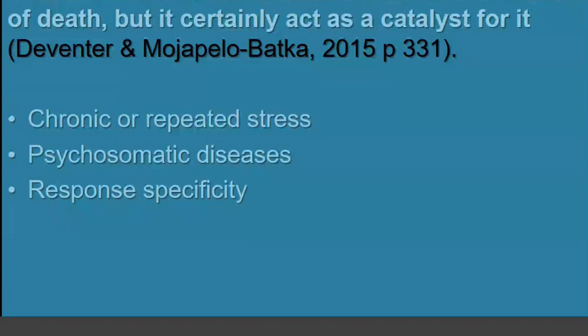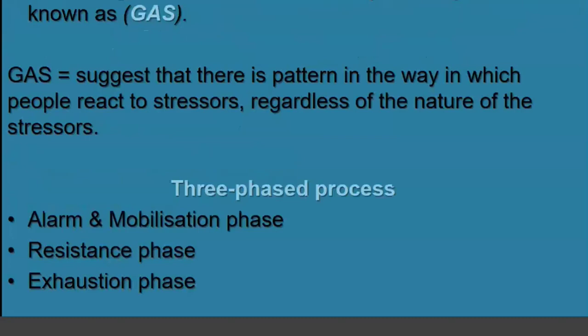I did explain response specificity. I think we covered that one. The process of stress we did cover. So the key here is that they suggest there's a pattern in the way people react to stressors. When we react to stress, there is a pattern, regardless of the nature of stress. So, like the question that Papa was asking, do we respond to stress differently?